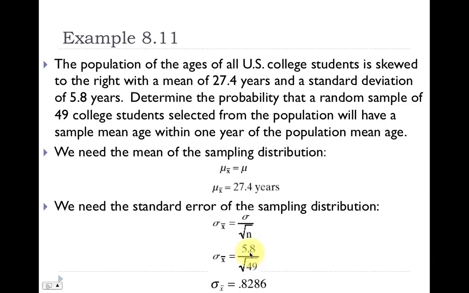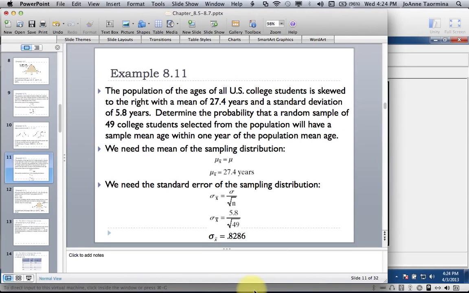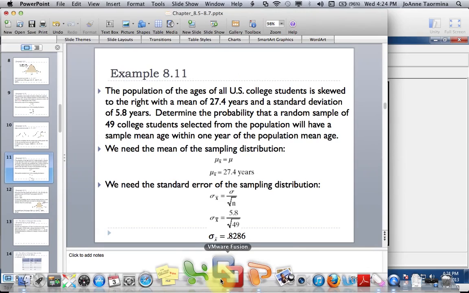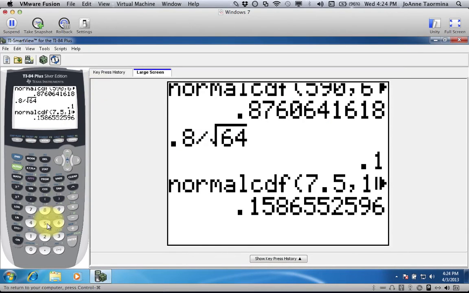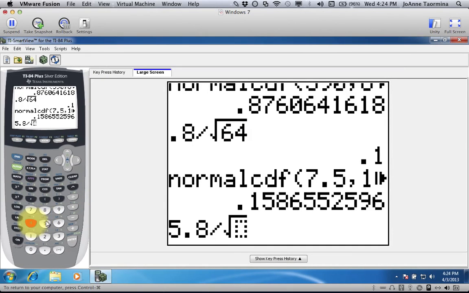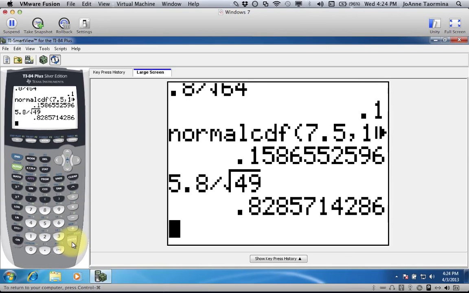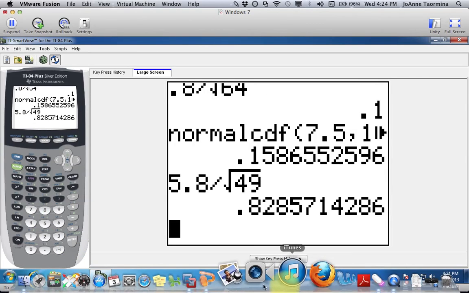So calculating the standard error, you have 5.8 divided by the square root of 49, which should come out to 0.8286.